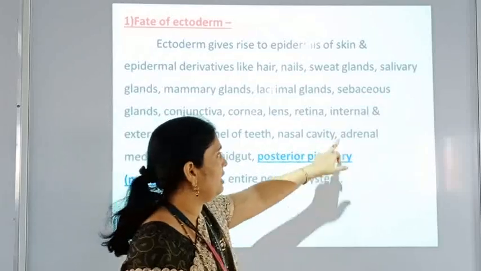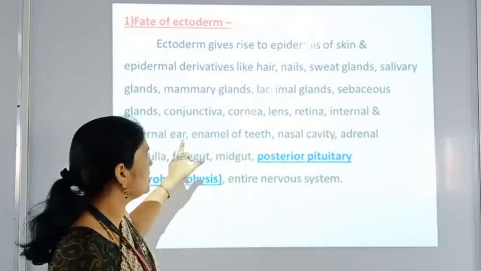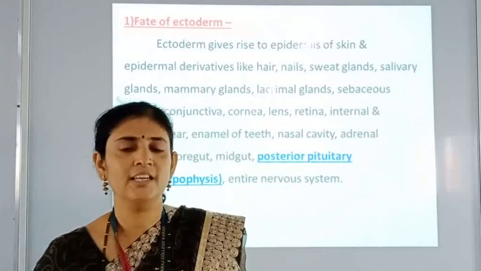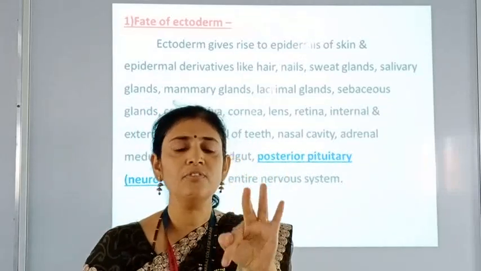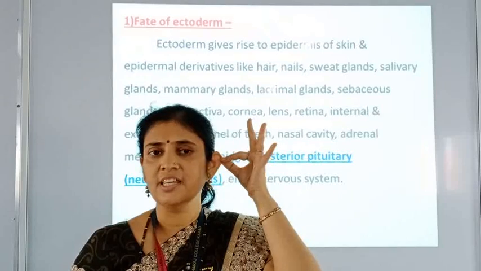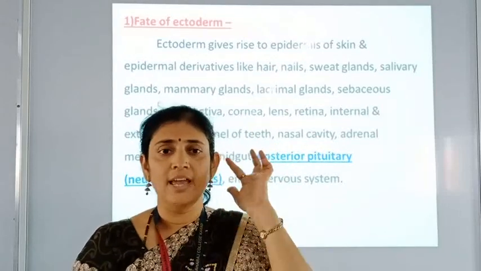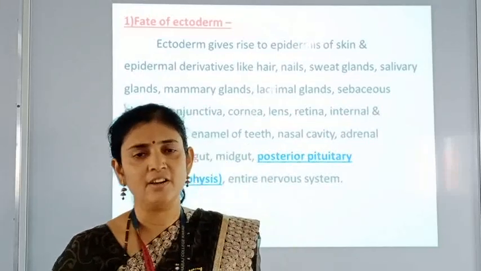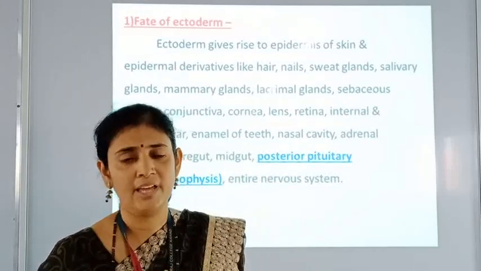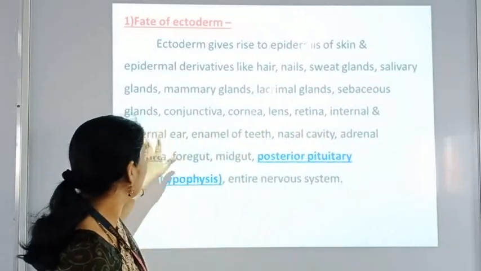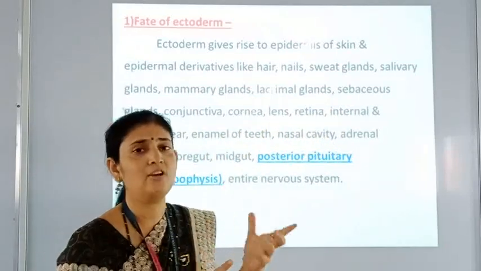Then here internal and external ear. कानाच्या बाबतीमध्ये जर बघितलं तर आपण बघितलेलं आहे की ear is consisting of 3 parts. This is the external ear, then middle ear and internal ear. Out of that, external ear and internal ear, that is cochlea and vestibular apparatus. So these are the 2 parts, that is internal ear and external ear, derived from the ectoderm.